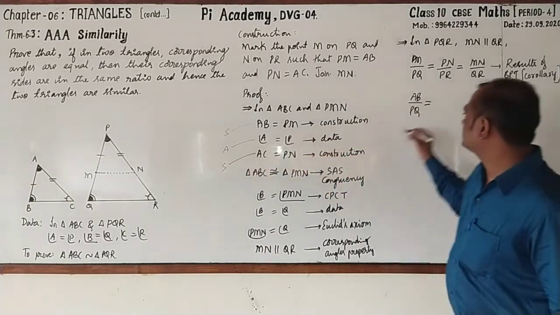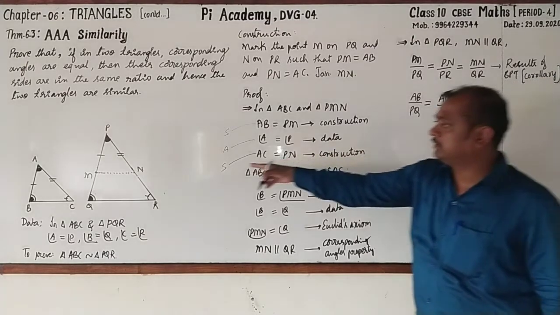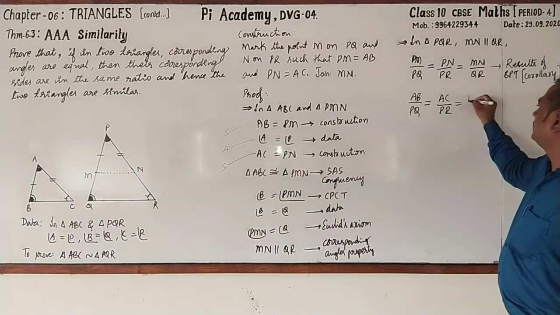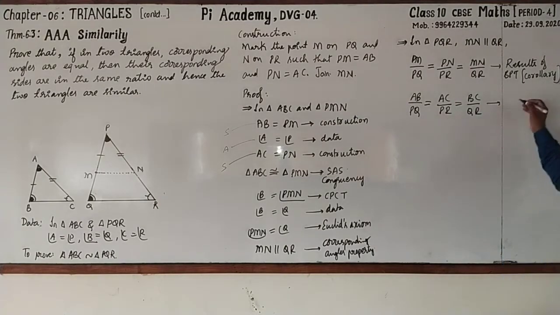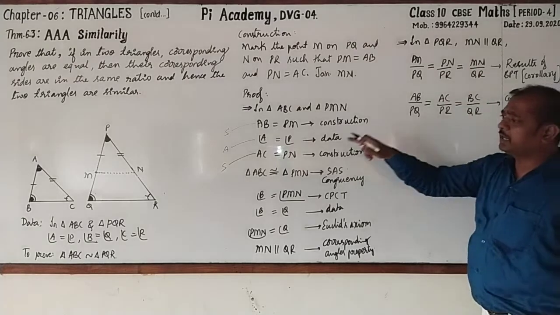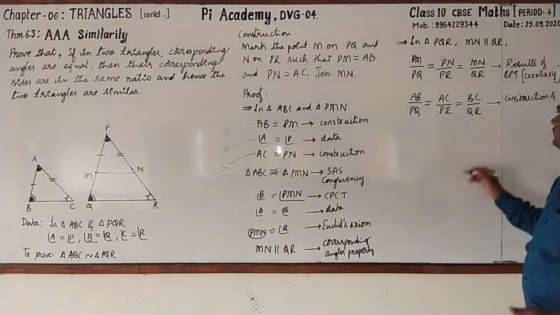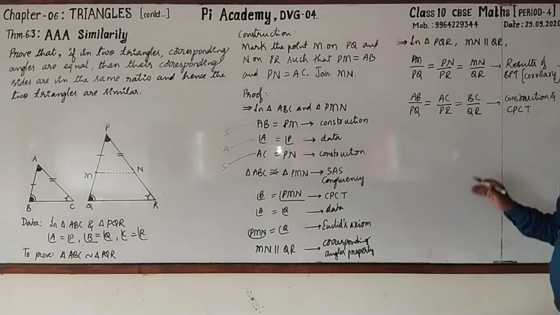PN, it is AC by PR. In place of MN, I'll write BC by QR. The first two are from construction. And what about the third one? MN and BC are equal. Reason: CPCT, corresponding parts of congruent triangles.